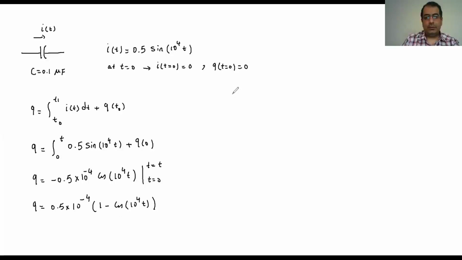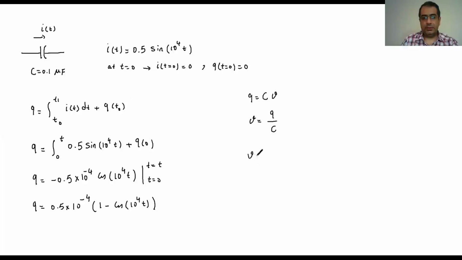And then if you want to calculate the voltage, we know that Q is C times V. So the voltage becomes Q divided by C, and the C is that.